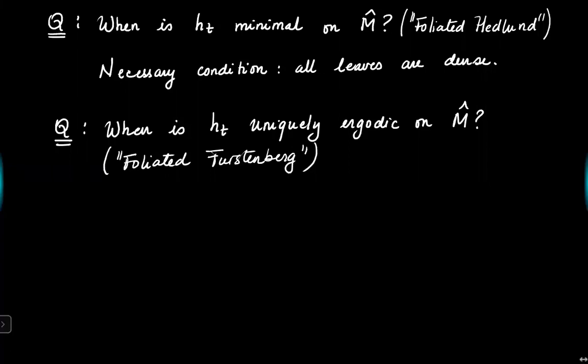And of course, since the leaves of the foliation T1 of F are invariant under the flow, a necessary condition for this to happen is that the foliation itself be minimal, so that all leaves are dense. And the second question is, when is the foliated horocycle flow uniquely ergodic on M hat? So this would be a foliated analog of Furstenberg's theorem.